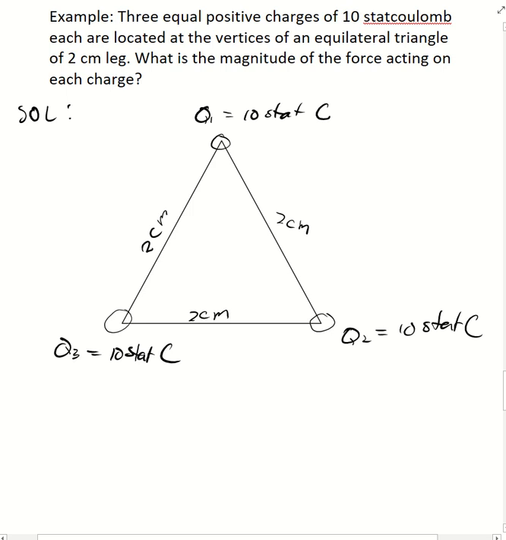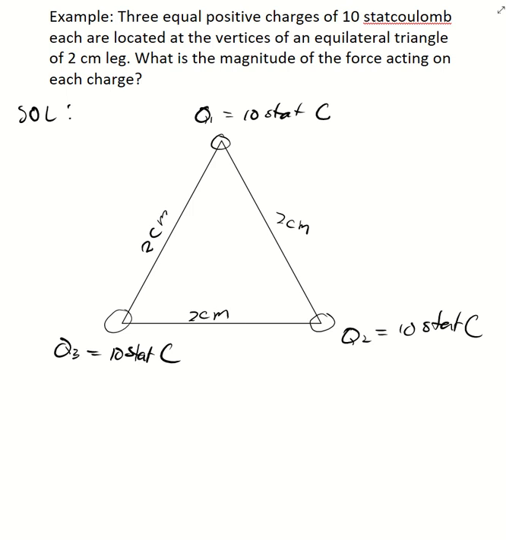And we want to determine the forces acting on each charge. Let's start with Q1, F1. So what are the forces acting on Q1? Because there are two other charges around Q1, just like what we discussed last meeting, we can apply the superposition theorem.